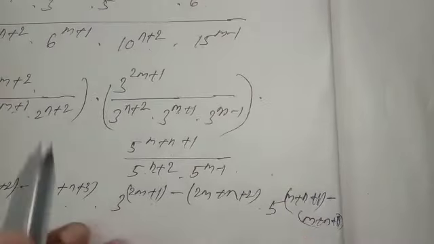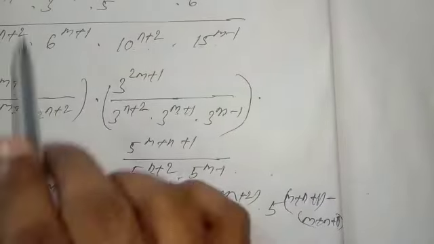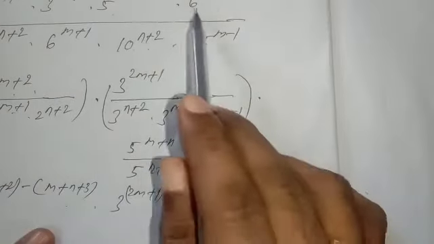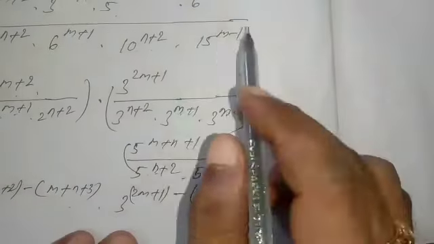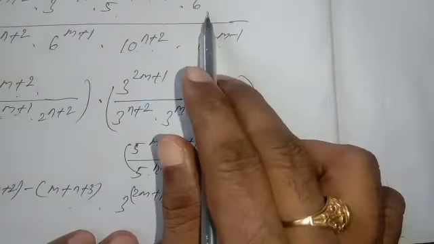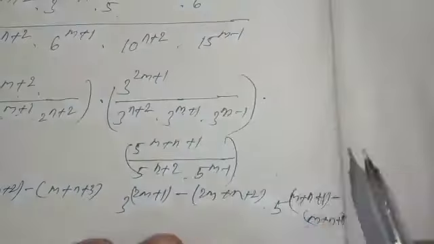And see here, I have already taken 2 to the power, 3 to the power, 5 to the power taken. But here 6 is left. 6 to the power. 6 means 2 into 3. Yes or no?